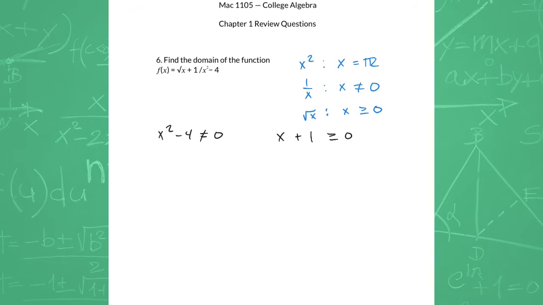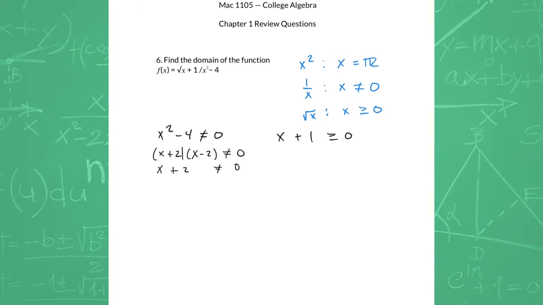Now to solve this first expression, we have to factor it first. So we know that x squared minus 4 is going to be the product of x plus 2 and x minus 2. And then we'll just solve for x. We'll solve for the x in each of those binomials.